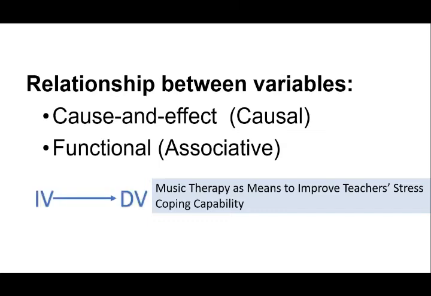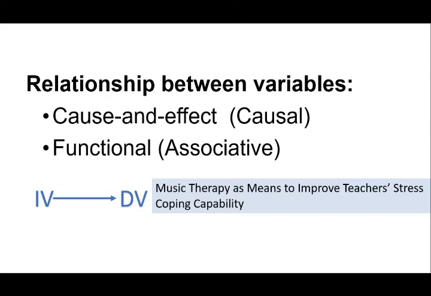The independent variable here is the music therapy, while the dependent variable is the stress coping capability of teachers. With music therapy, usually the teacher's stress can either be reduced or increased depending on the situation.